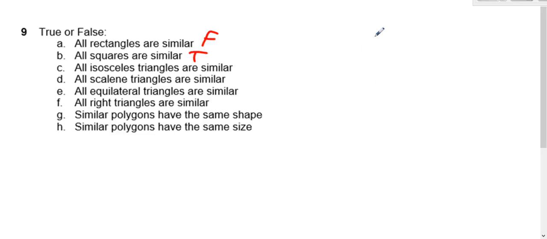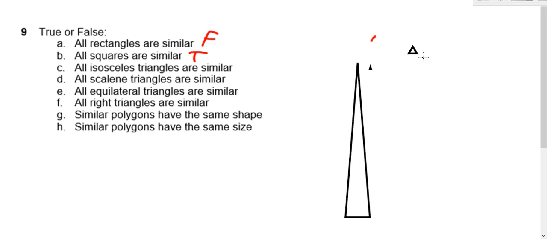Isosceles triangles. Well, isosceles triangles can be really tall and skinny or really short and fat. Those would definitely not be similar, so false.